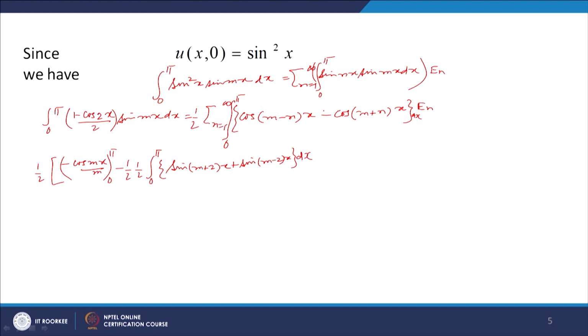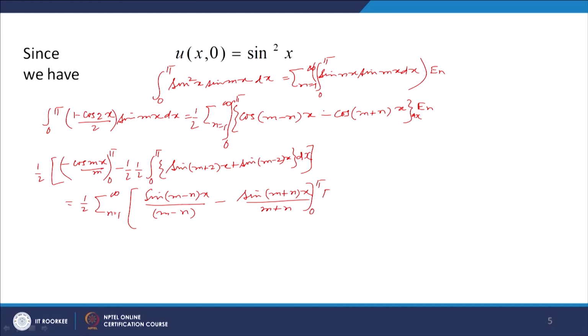This is the left hand side, equal to 1 over 2 the sum from n equal to 1 to infinity, the integral of cos((m minus n)x) will be sin((m minus n)x) over m minus n, assuming that n is not equal to m, minus sin((m plus n)x) divided by m plus n, from 0 to π, into E_n.